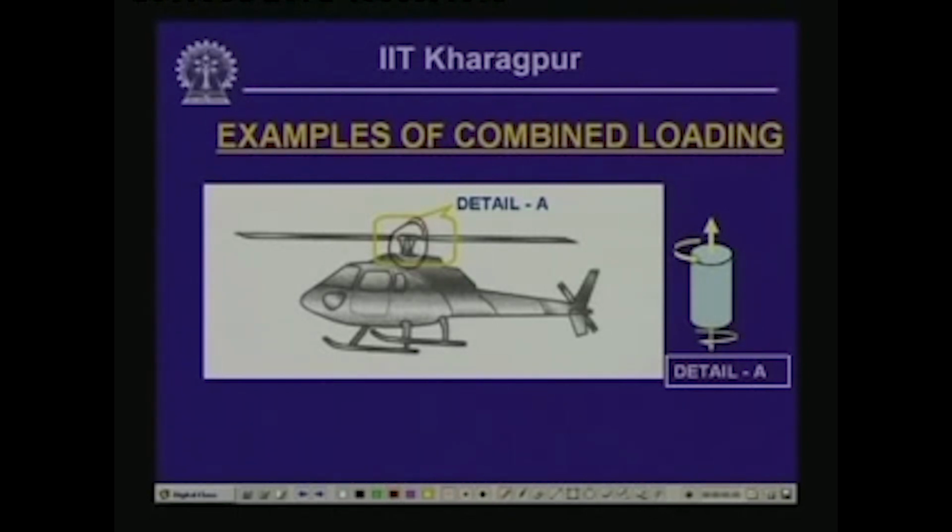At this particular point there is a shaft, and when this fan rotates, it gives a twisting moment to this shaft, and also as the fan moves and gradually gets lifted up, the shaft experiences a pull in the vertical direction.